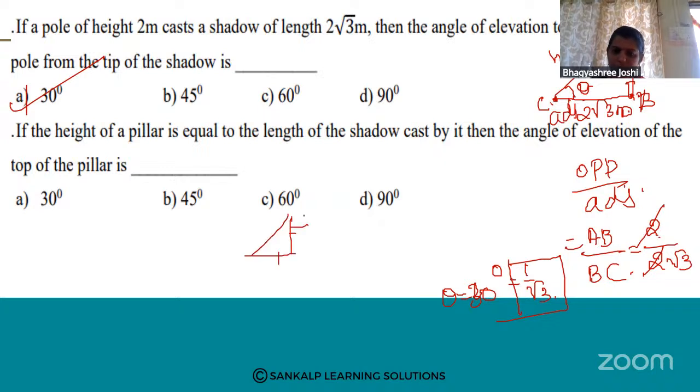These two are equal, so we need to find the angle of elevation theta. When these two are equal, tan theta is 1, so theta is 45 degrees, because tan 45 degree is 1. That means option B is right. Shall we move to the next question?